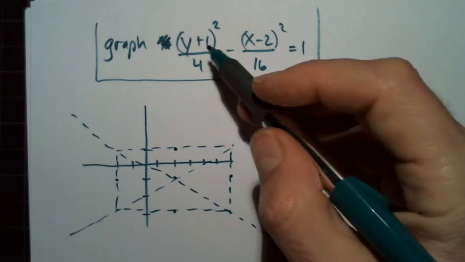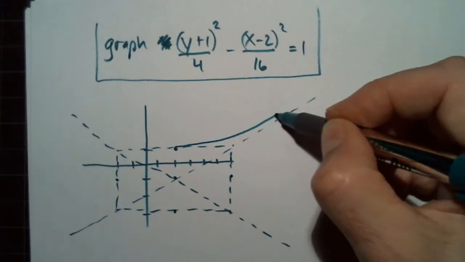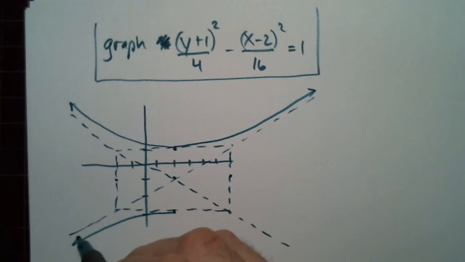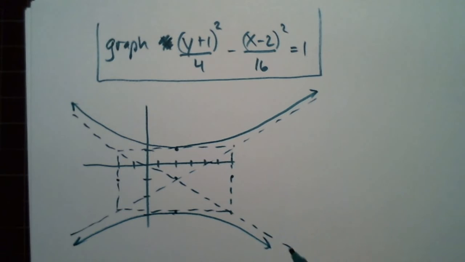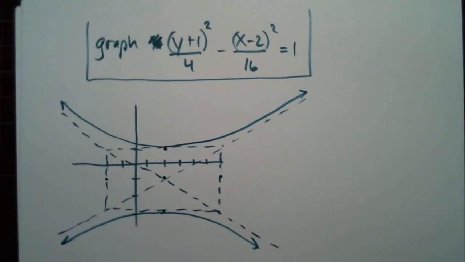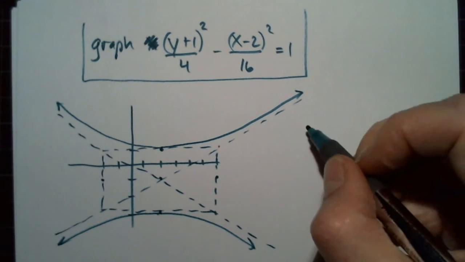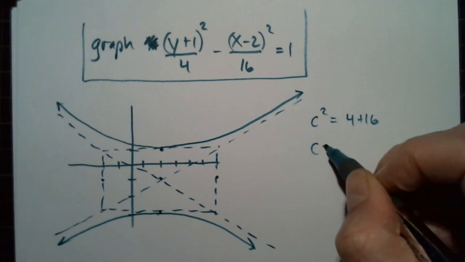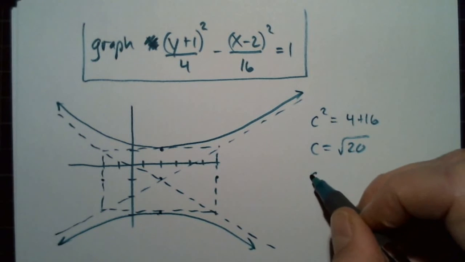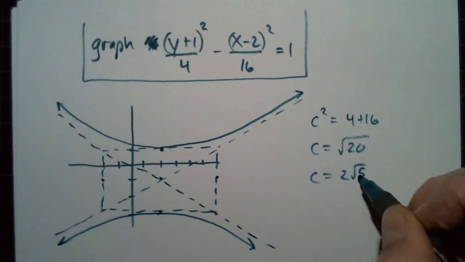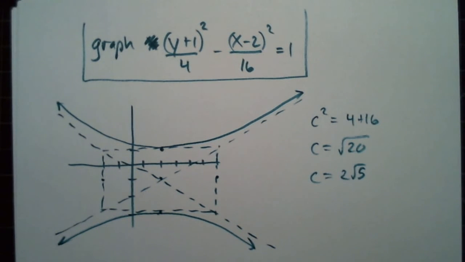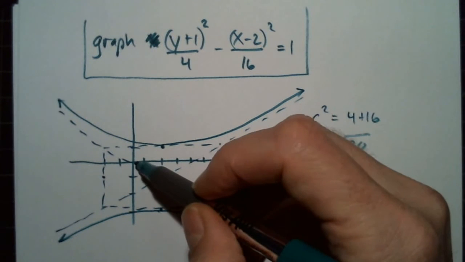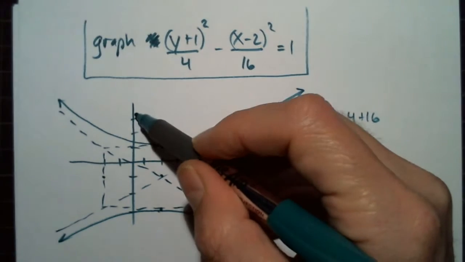And it's going to open vertically with foci to radical 5, and that will be between 4 and 5. 1, 2, 3, 4, 5.